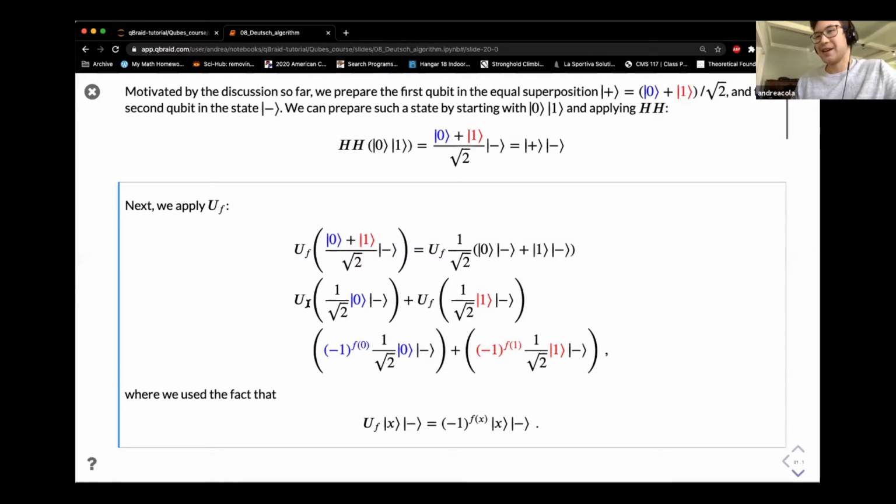And then for the last line, I use the fact that we proved earlier, written here: when you apply U sub f to x ket minus, we leave the state the same except for a global phase, which earlier we could not detect if we were just doing this with the first qubit not in a superposition. But now, because this is part of a bigger calculation, the first term gives us -1 to the f of 0. The second term gives us -1 to the f of 1.